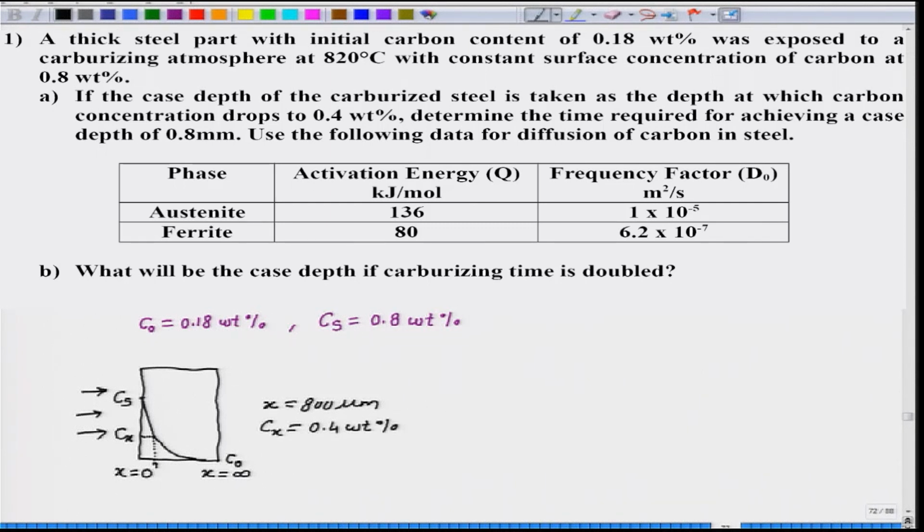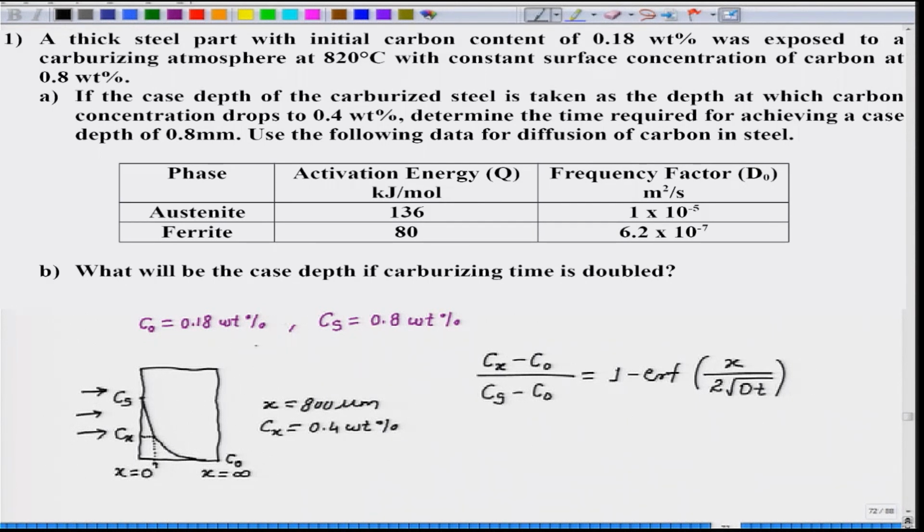So, we can use the solution that we have derived, which states that C x minus C naught divided by C s minus C naught is equal to 1 minus error function of x over 2 root Dt. Now, we are considering the ratios here, and since the problem states that the molar volume can be assumed constant, it should not matter which unit we are using.